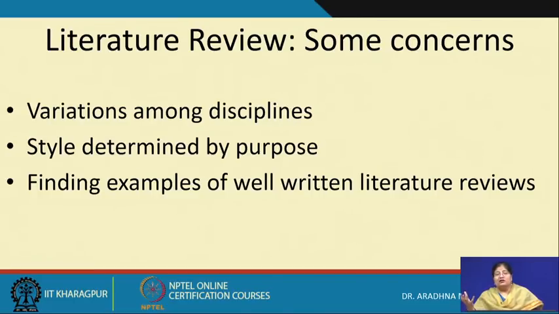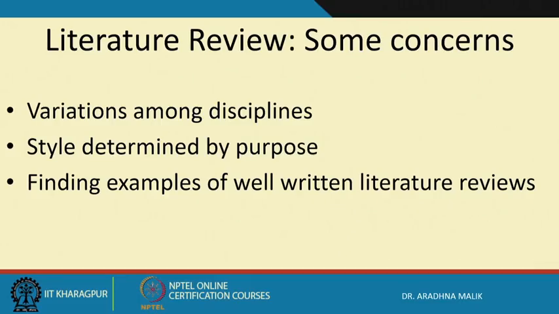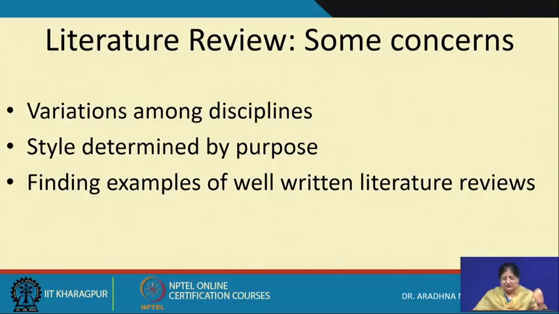In yet other cases it could highlight the researchers' opinions, the opinions of various researchers, and could include discussions also. So, the researcher juggling between what the literature says and how the question has been arrived at and how methods have been discussed. So, the style is determined by the purpose. So, what you need to do is find examples of well written literature reviews.